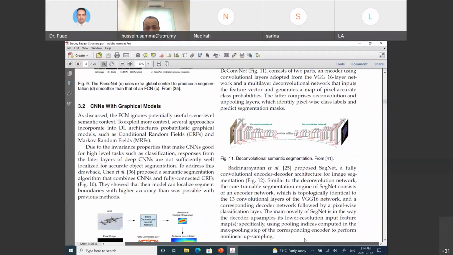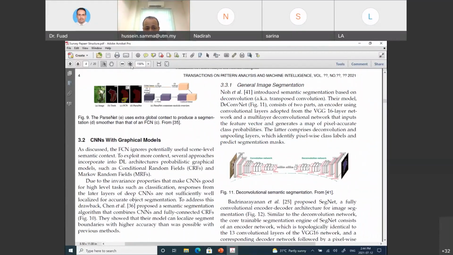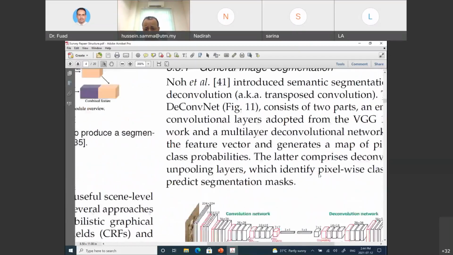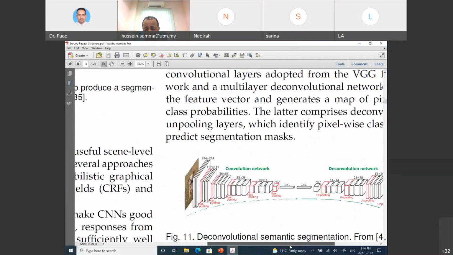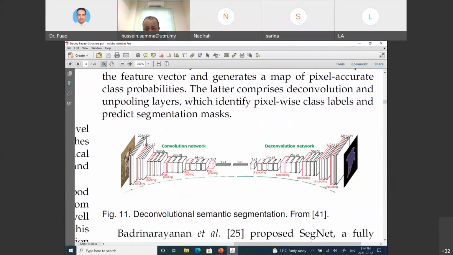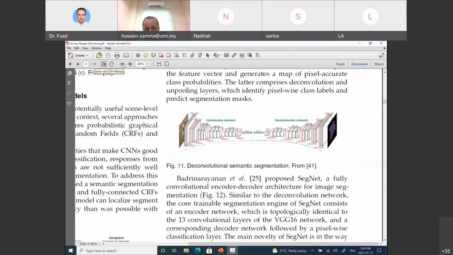So here, I'll try to highlight this point. If you look here, I'll try to maximize. So here we see this is just an encoder-decoder used for image segmentation. Just the basic encoder-decoder used for performing image segmentation, just as it is without any modification. So this paper is just a conference paper which has been published in, if I'm not mistaken, 2015.